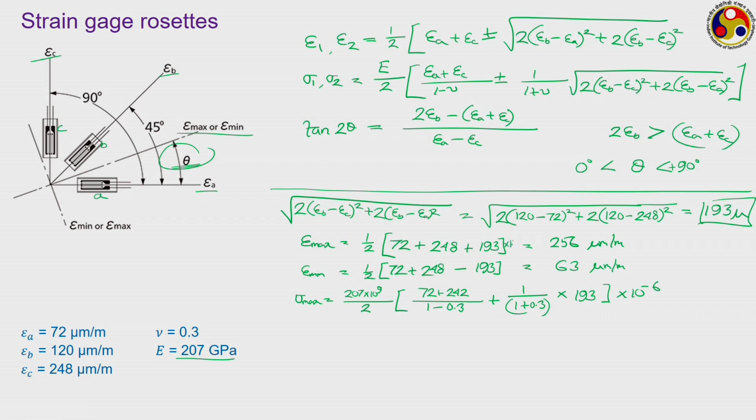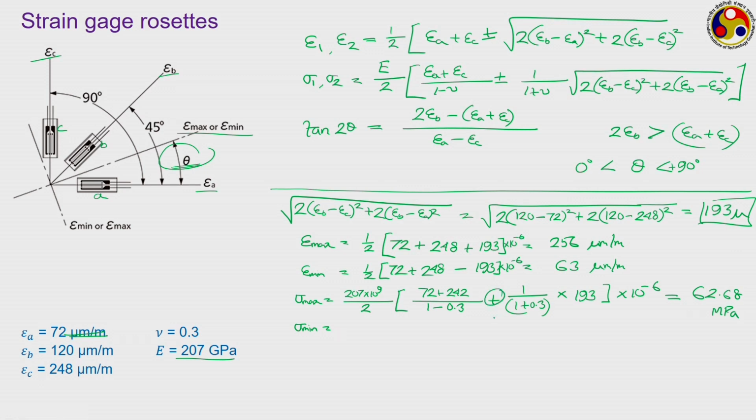In fact, in these calculations we should have also written 10 to the power minus 6, because here all the values are given as micrometer per meter. So this is epsilon max, and if we put the numbers, you are going to get 62.68 MPa. Similarly, sigma min, how much will it be?